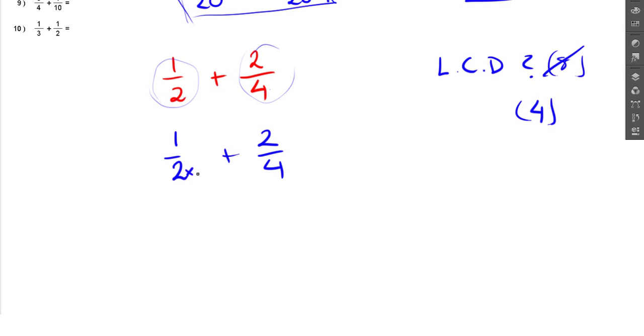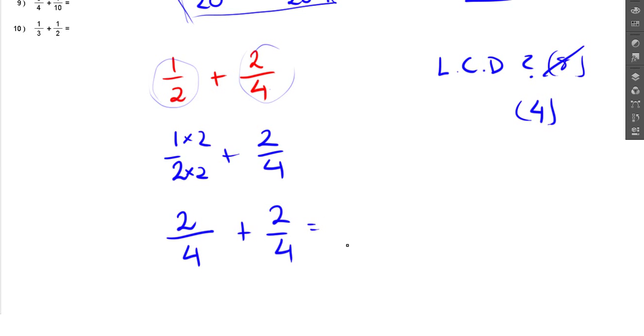So we need to multiply it by 2, because 2 times 2 gets us 4. And what you do to the bottom, you do to the top. Okay? So 1 times 2 is 2, divided by 2 times 2 is 4. So we've got a half, don't we? We still have a half, and we still have another half. But now instead of 1/2, it's 2/4 plus another 2/4.